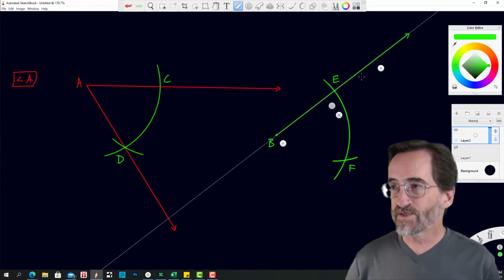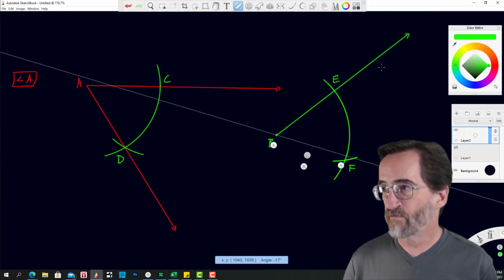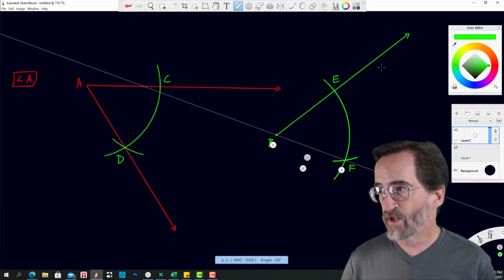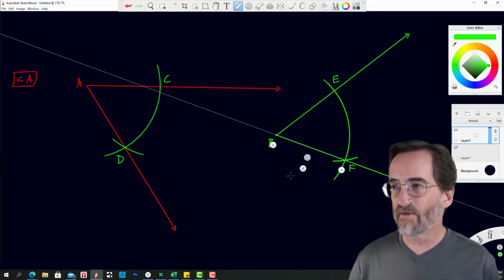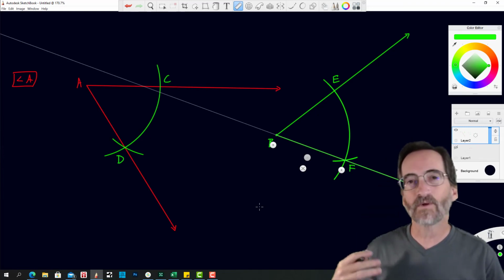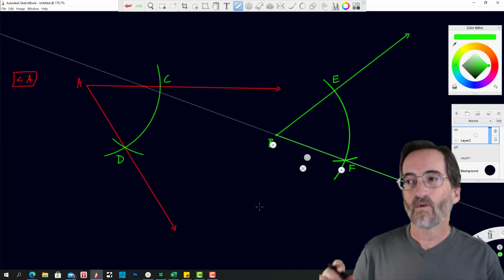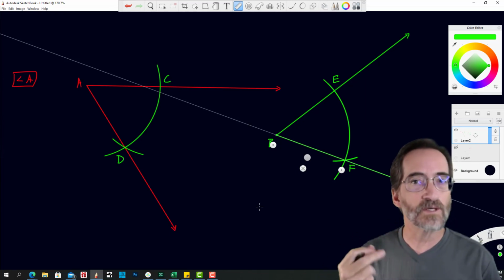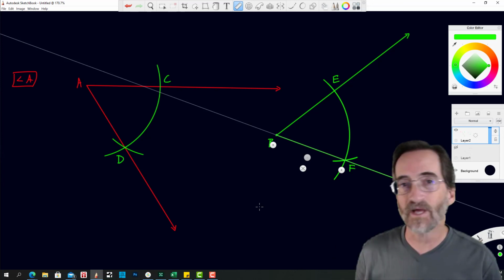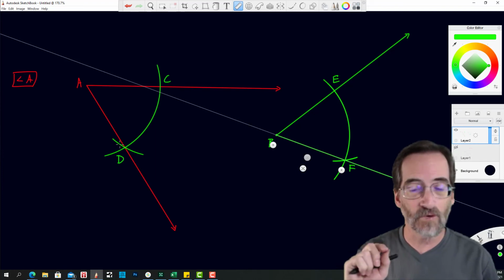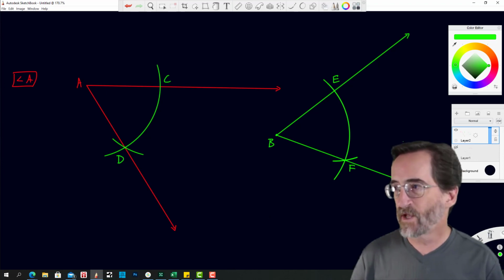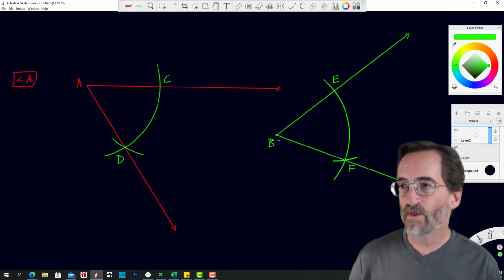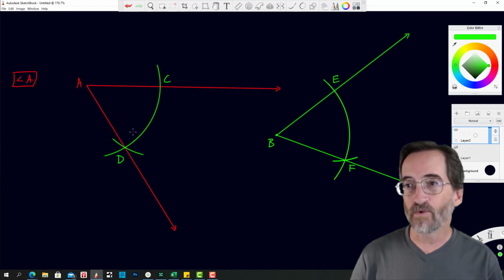So now my final step, I'm going to place my straight edge on B and on F, and draw a ray from B through F. That brings out one of the other principles: for lines, segments, and rays, we need two unique points to determine them. Just like two intersecting components can determine a point, two points can determine a unique line, ray, or segment. And lo and behold, now angle B is congruent to angle A.